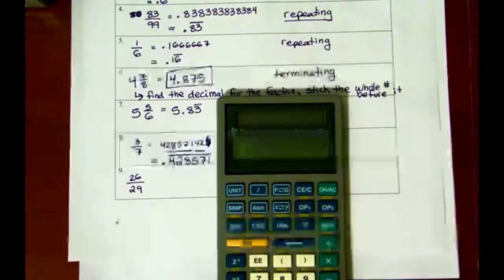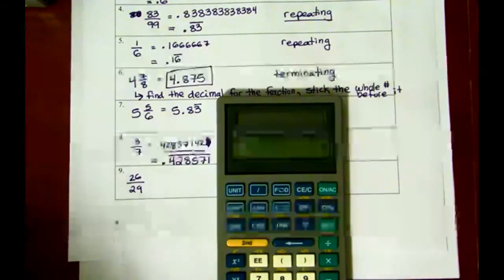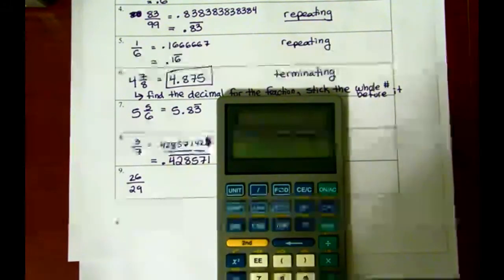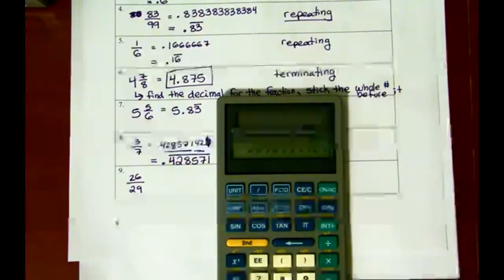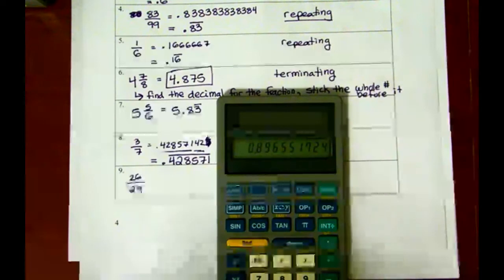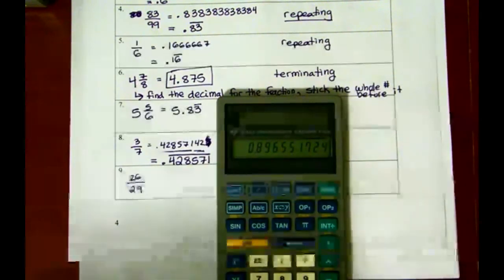I think it's fair to assume that if your number fills up the entire screen, it's not terminating. Do you see it repeat? I don't either. However, if we looked at more digits, we would see it repeat. Let's take a look at this to way more digits than what I have right now, and let's see if we can find the pattern here.